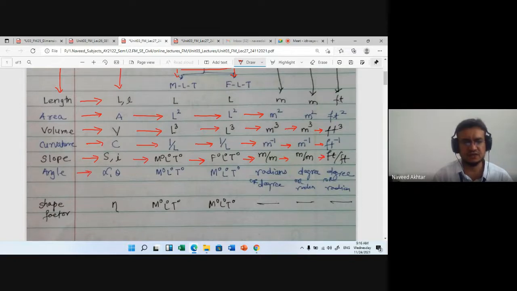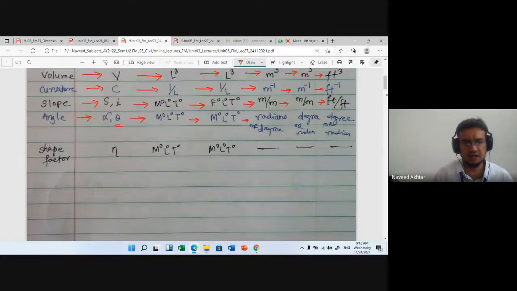Angle we generally measure as alpha or theta, generally theta. It is also M0 L0 T0, or you can say radian or degree. Similarly the shape factor, eta, you can measure as M0 L0 T0. That is the dimension level.